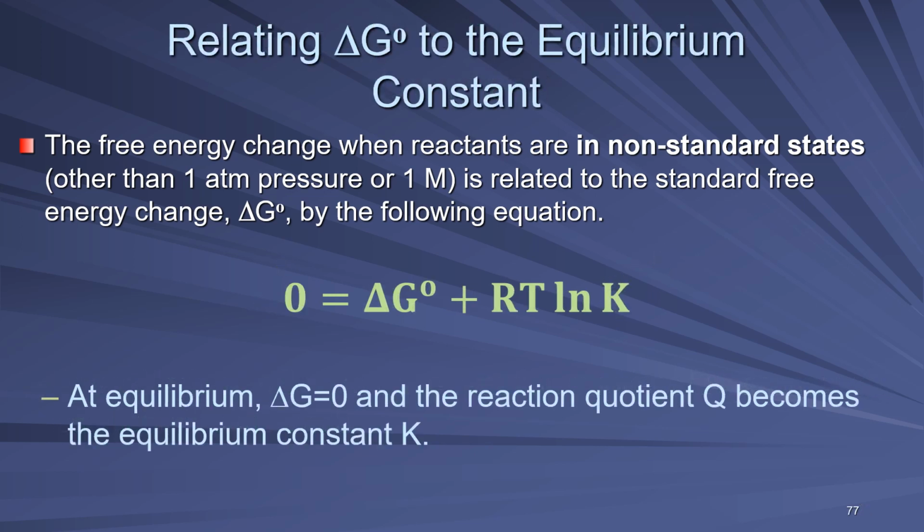So we can rewrite that equation, and this is the important thing that I want you to get out of it: how is delta G related to K? The delta G of the generic reaction, not necessarily at standard conditions, will equal delta G for the standard conditions plus RT natural log of the equilibrium constant, K. So we're at equilibrium now.